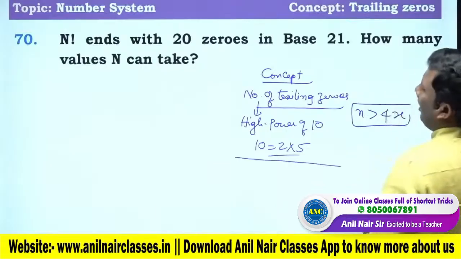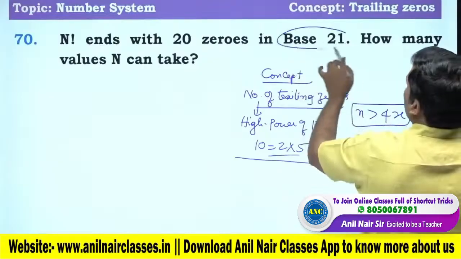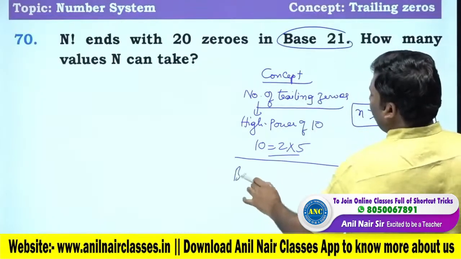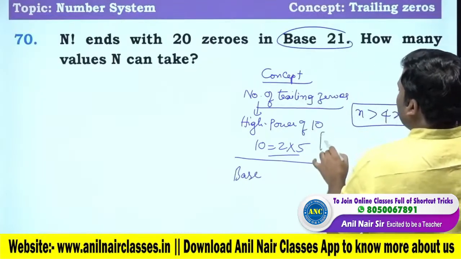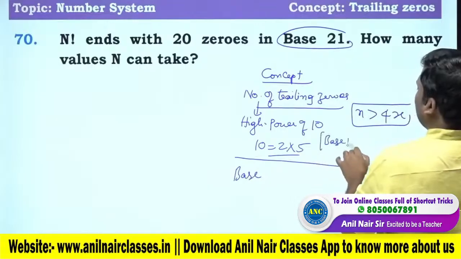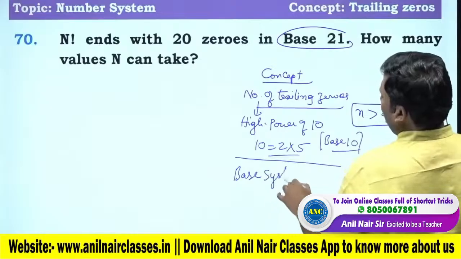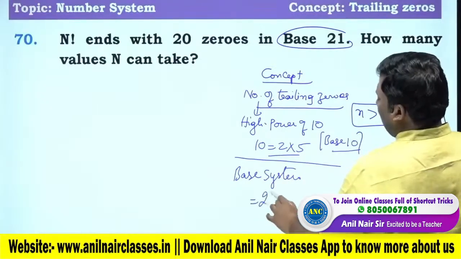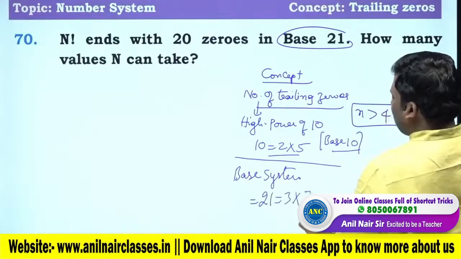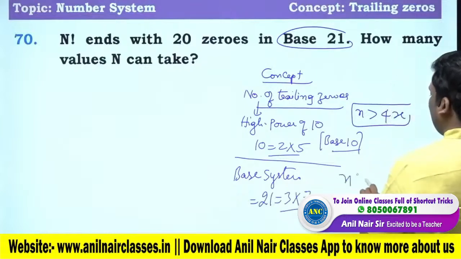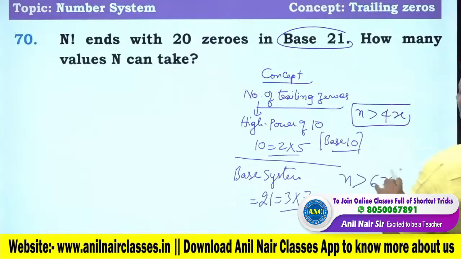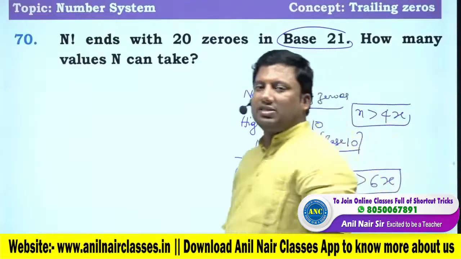The same thing here. N factorial ends with 20 zeros in base 21. In base system 10, I took 2 and 5. In base system 21, it is 3 into 7. So 3's are more compared to 7's. So the relationship is n is greater than 6x.